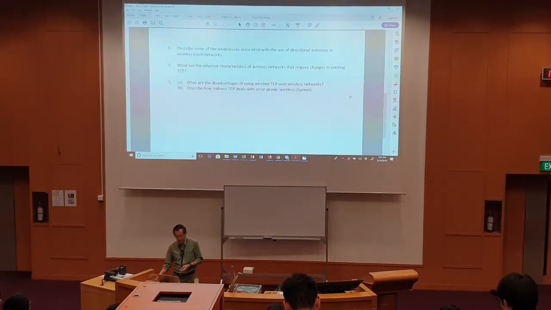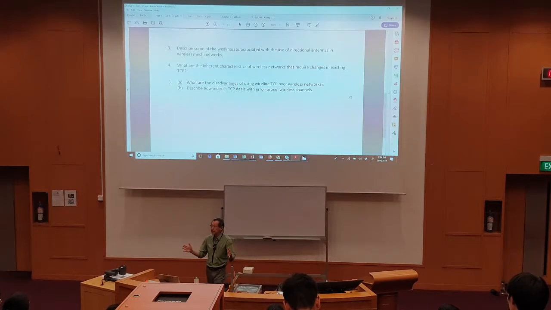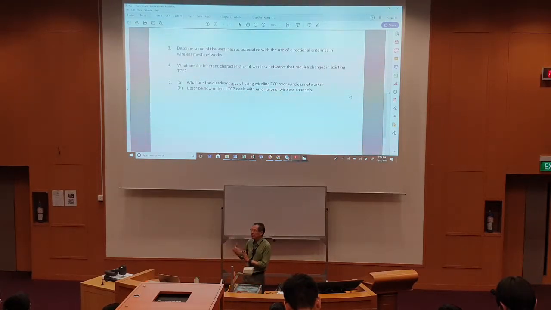Then the second part is to describe how indirect TCP deals with the error-prone link by breaking it into 2 connections: the wired part and the wireless part. The wired part sends acknowledgement immediately, and then you deal with the wireless part separately.